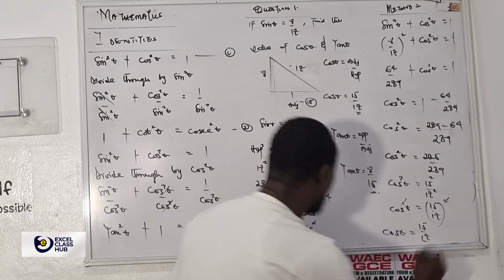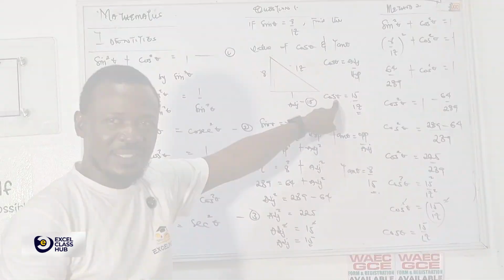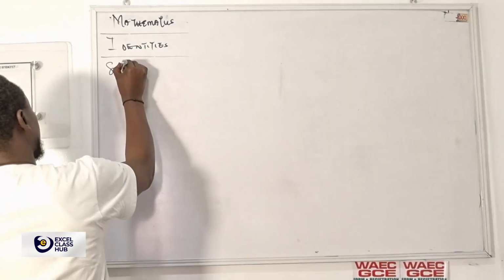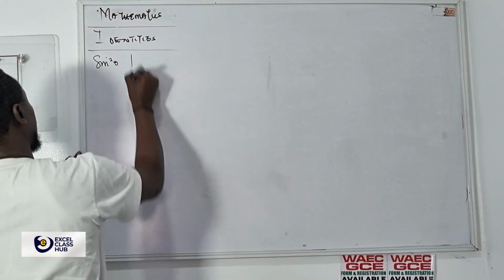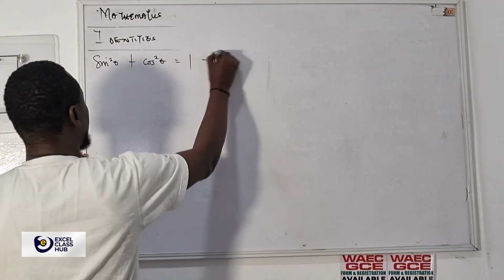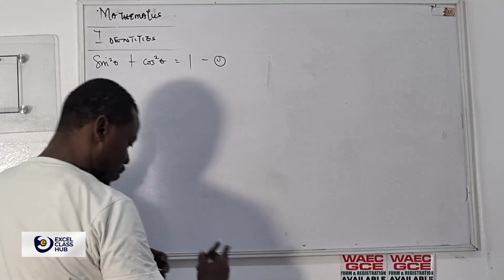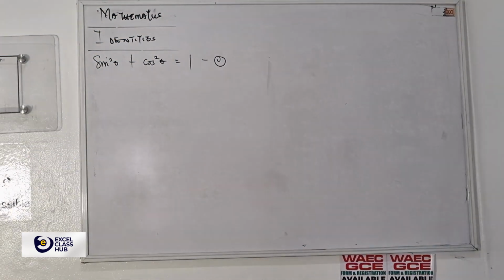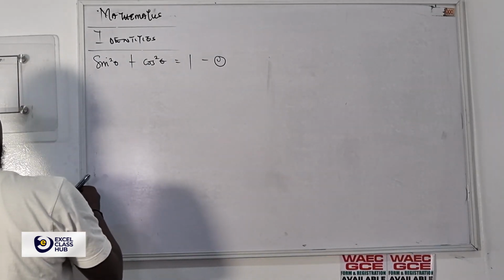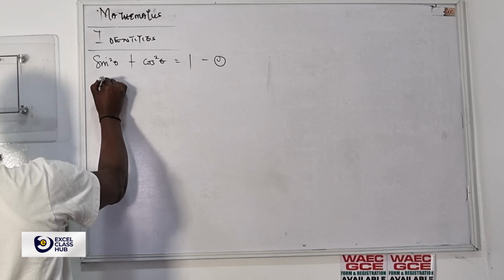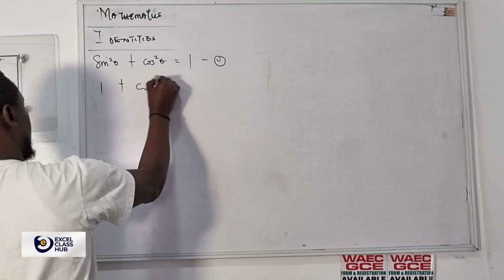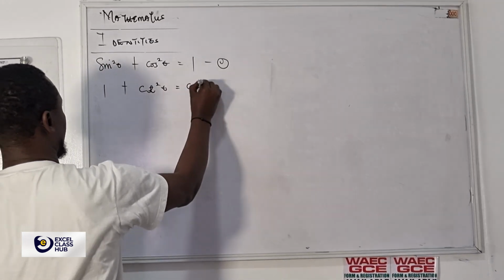15 over 17, which is still the same thing as this. Remember the first formula I gave to you for identity: sin²θ + cos²θ = 1. This was the first formula given to you. And the second one that I gave to you: 1 + cot²θ = cosec²θ.